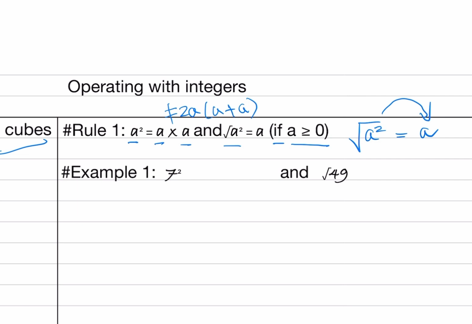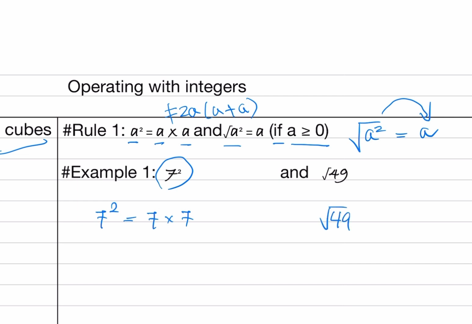So next, in example 1, we're going to look at 7 square. All we have to do is write 7 square. So what is 7 square? It's the same as 7 times 7. Pretty simple. What about the square root of 49?